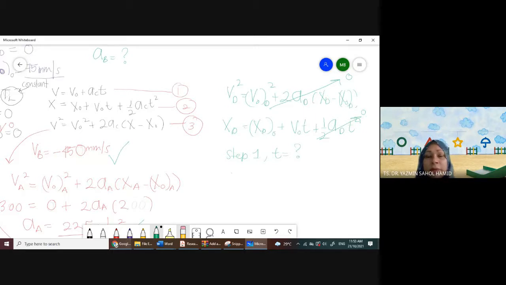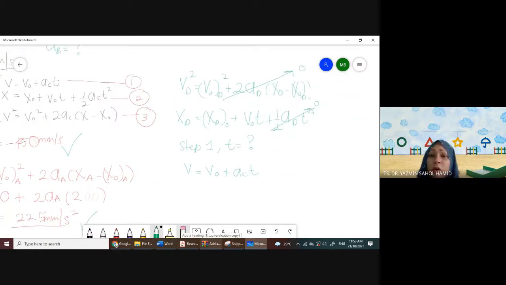For example, V equals V naught plus AT. Which one do you want to use the equation for? You want to use it for collar A to find T, or you want to use pulley D? Which one?